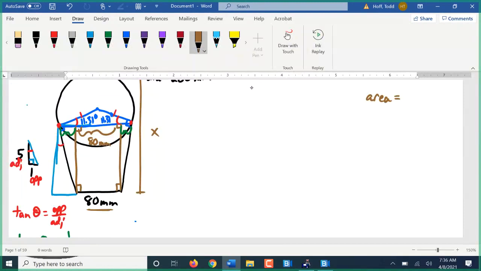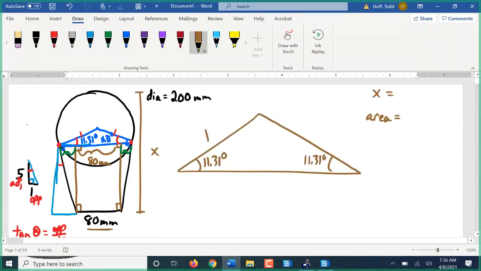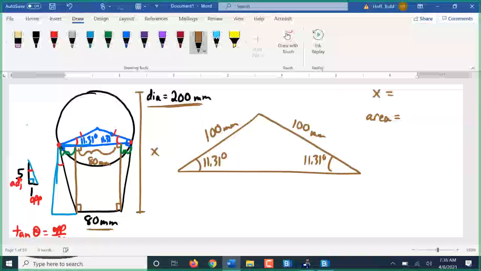I'm going to draw that triangle off to the side here. We know this is 11.31 degrees on each side. I also know that these sides are each 100 millimeters. They are radii of that circle. The diameter is 200, the radius is 100.